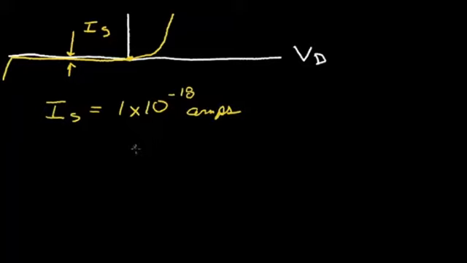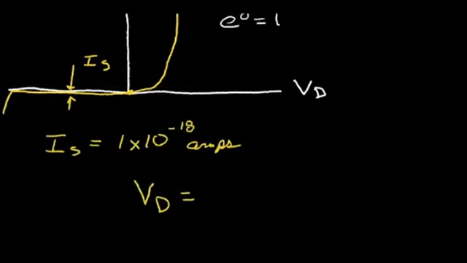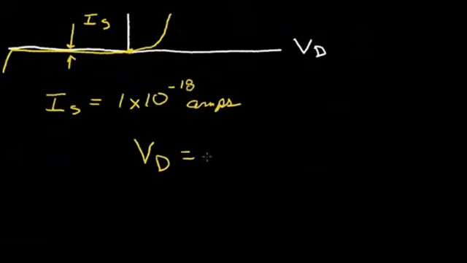So let's solve for V sub d is equal to N V T, and N for our diode will be approximately 1, and the V T will be 0.026 volts times the natural log of I sub d over I sub s.